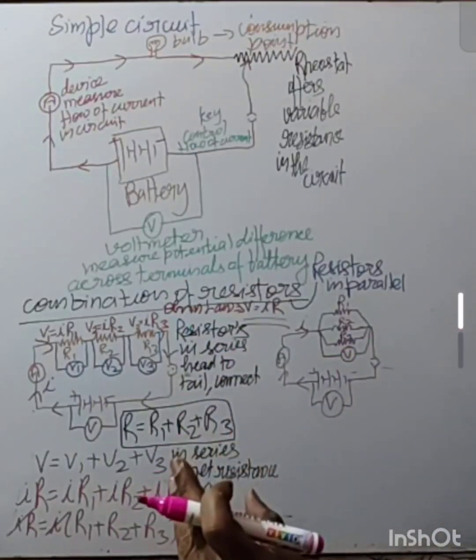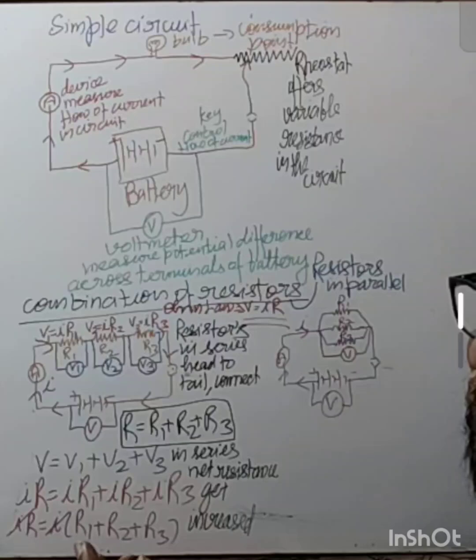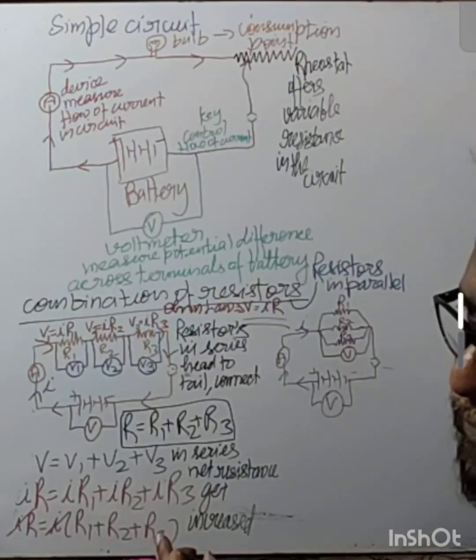In the wire where resistance is more, current will be less. If resistance is less, current will be more.